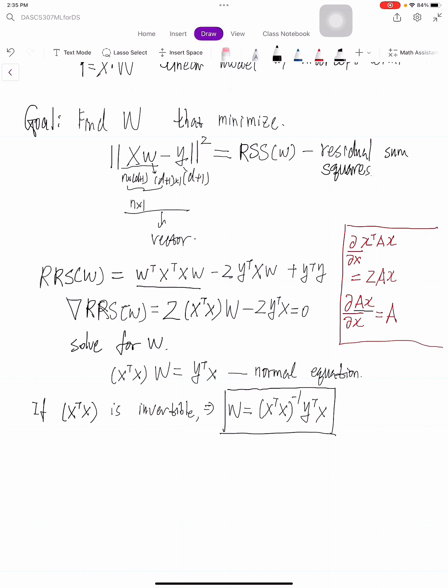But there are some cases where trying to find the inverse of this matrix fails because it is not invertible. It's because it is singular. Singular means some of the eigenvalues are equal to 0, and so this implies the solution is not unique.